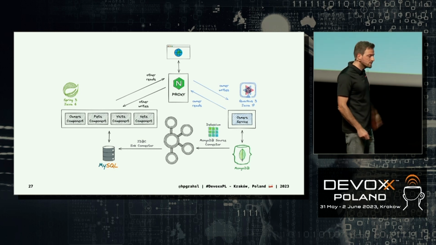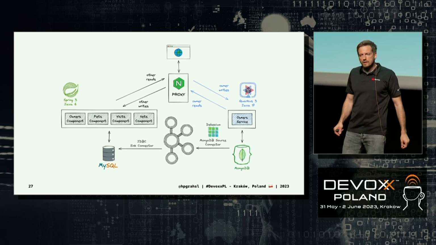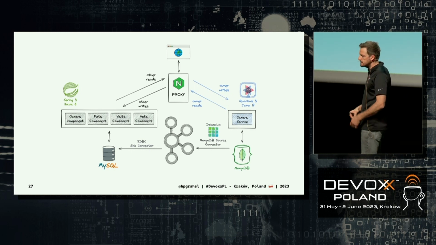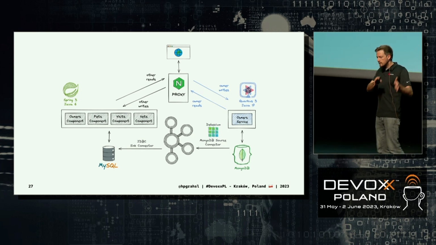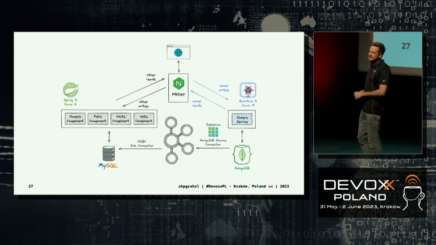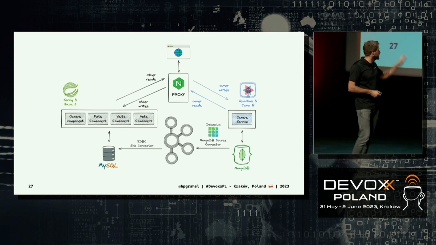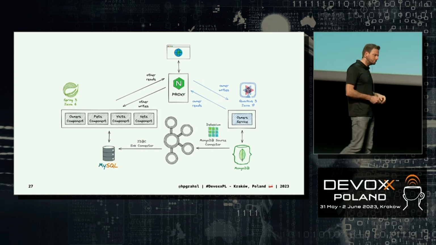So we need to set up another pipeline in the other direction. Again, we use the Debezium source connector, in this case for MongoDB, bringing document changes out of MongoDB, and eventually use the JDBC sink connector to bring those changes back into the database that backs the monolith.